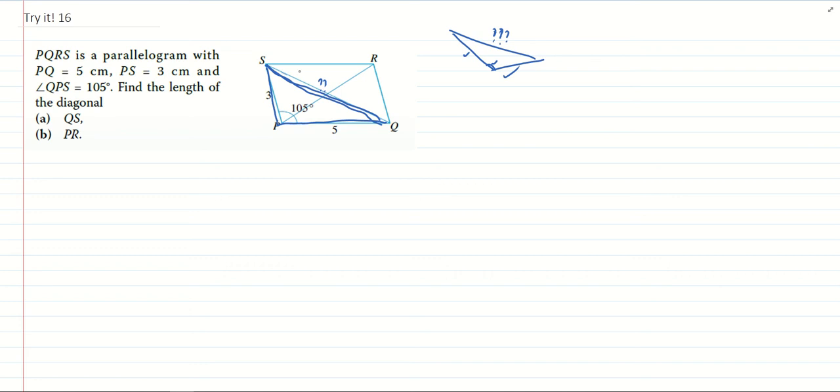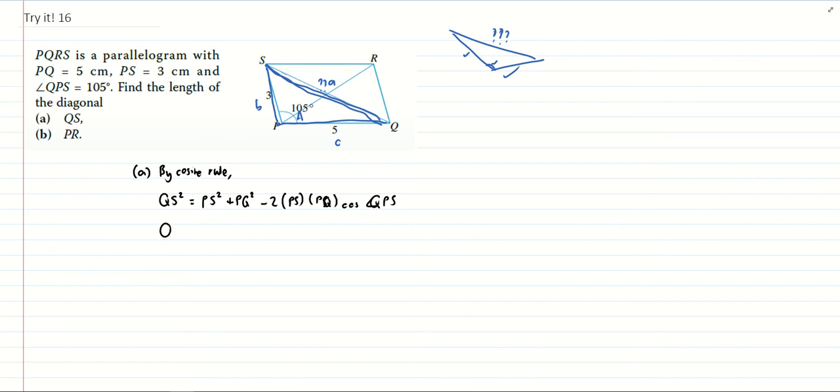So we want to find QS. By cosine rule, if I label this as a, this as b, this as c, and this as angle A, then QS squared equals PS squared plus PQ squared minus 2 PS PQ cosine angle QPS.